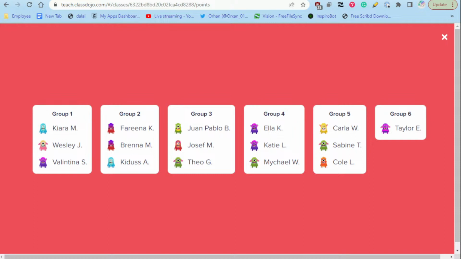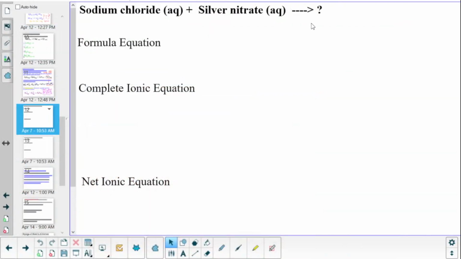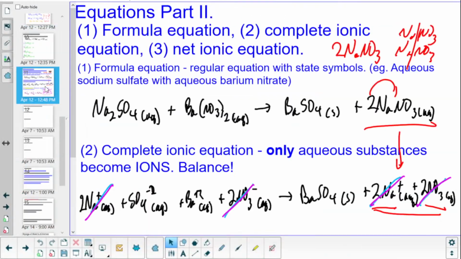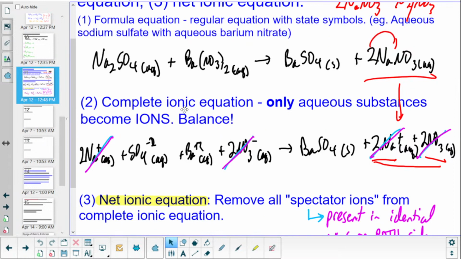Once you've done the formula equation, do the complete ionic equation. Let me remind you. That's the formula equation. The complete ionic is when you take everything that's aqueous and you separate it out.